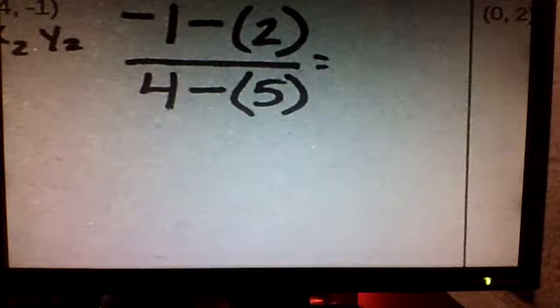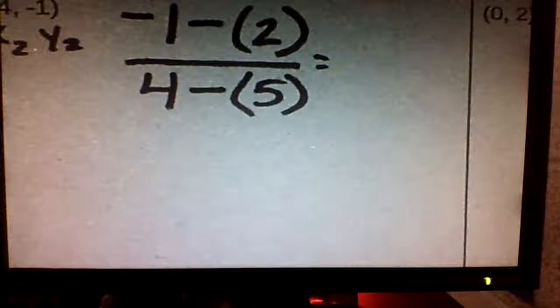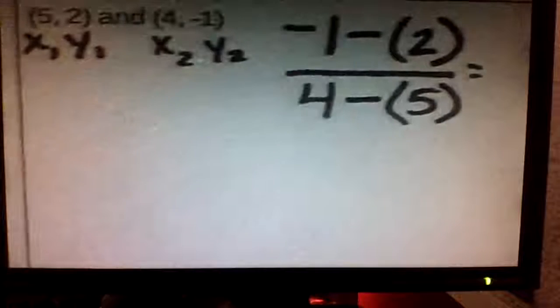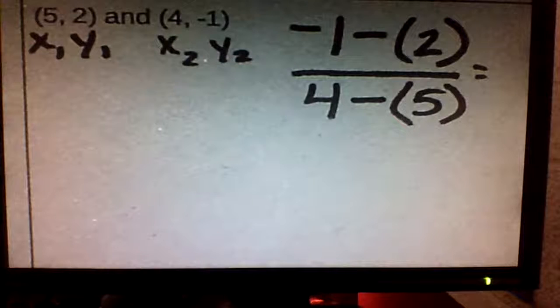Now we solve. Negative 1 minus 2. Do you have a question, Bobby? I thought it would have been like 5 subtract 4 and then 2 subtract 1. Technically, it doesn't matter as long as if you use the 5 first and the 4 second, you use the 2 first and the 1 second.